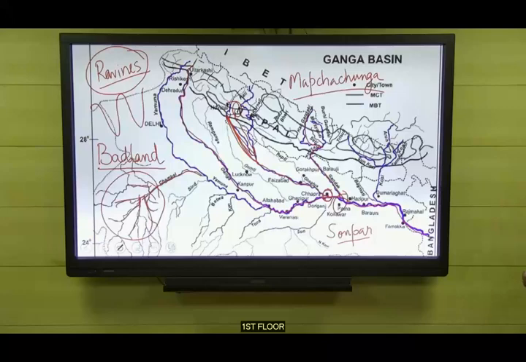Then they join to form the Gandak and join Ganga near Patna at a place called Sonpur.